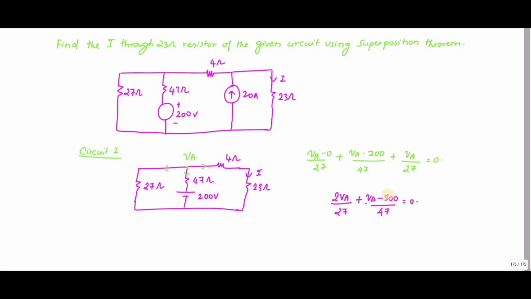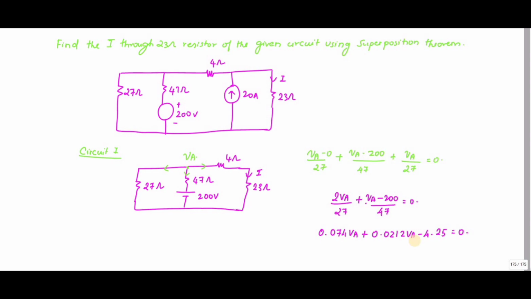So what is 2 divided by 27? 2 divided by 27 is 0.074 VA, plus 1 divided by 47, which is 0.0212 VA, minus 200 divided by 47, which is 4.25, is equal to 0.